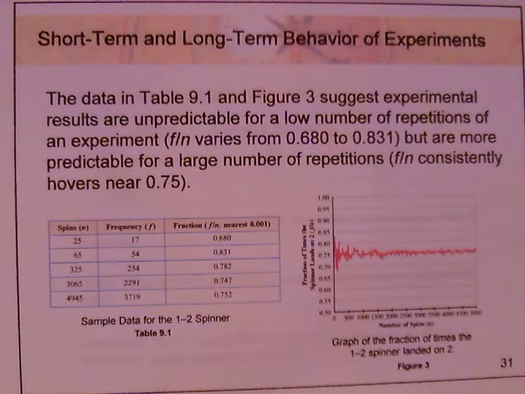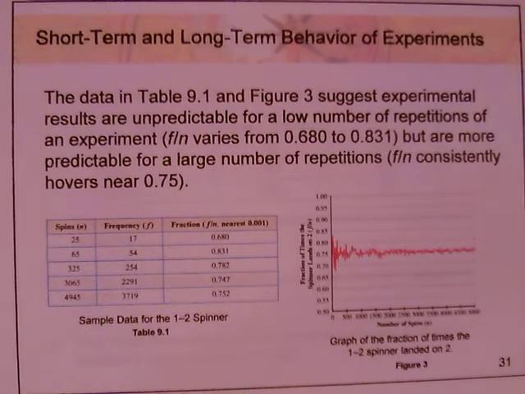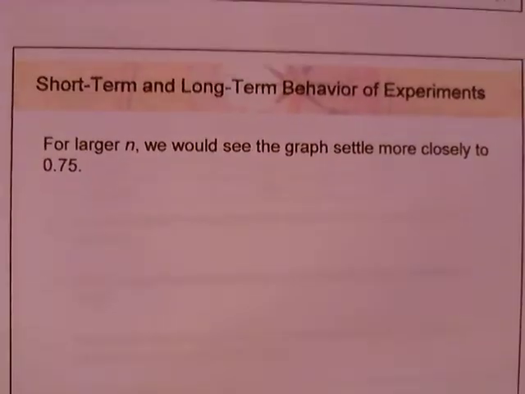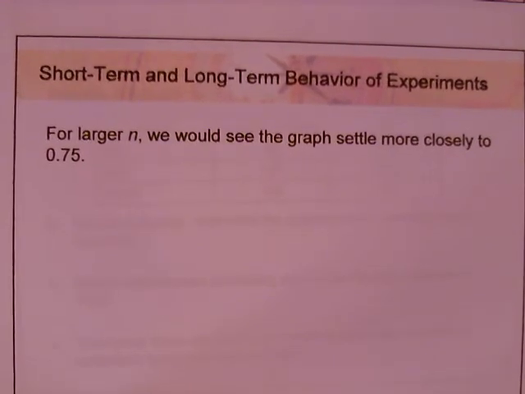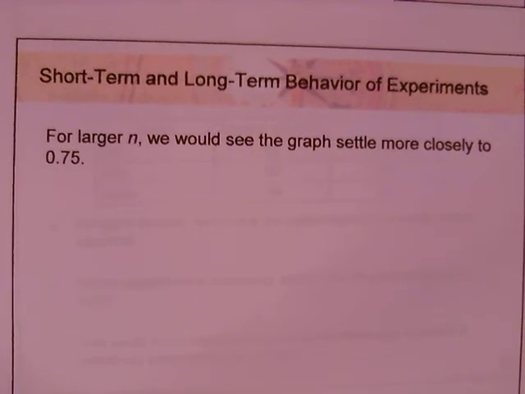Okay, so the more experiments you do in this particular situation, the closer and closer you're going to get to that actual expected probability. So in this case here, for larger N, we would expect to see the graph settle more closely to 0.75.